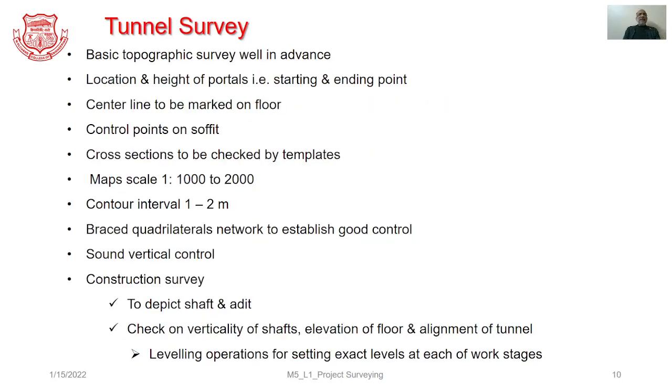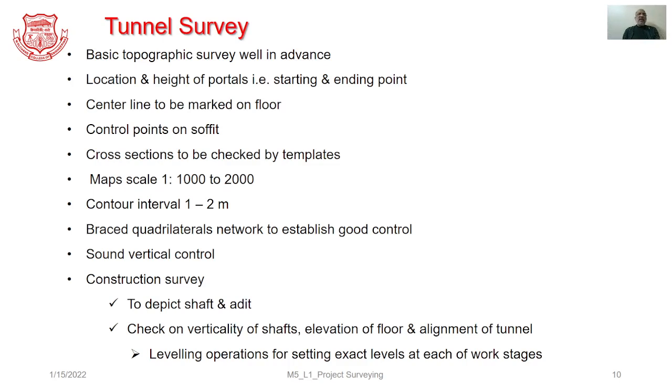For the tunnels, the requirement could be a bit different in view of locating and deciding the height of the portals. For the tunnels, these portals are nothing but the starting and ending points. The alignments are marked on the soffit as well as even on the floor depending on the site requirements.